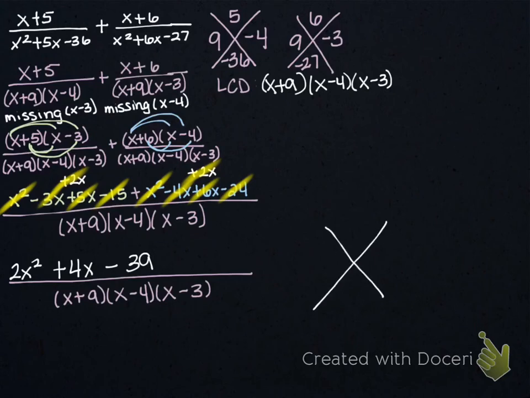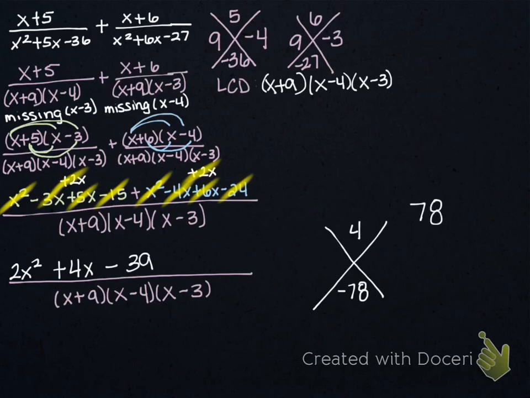Here I'd be looking for two numbers that multiply to give me a negative 78, the 2 times negative 39, and add to give me a positive 4. So I'm looking for factors of 78.